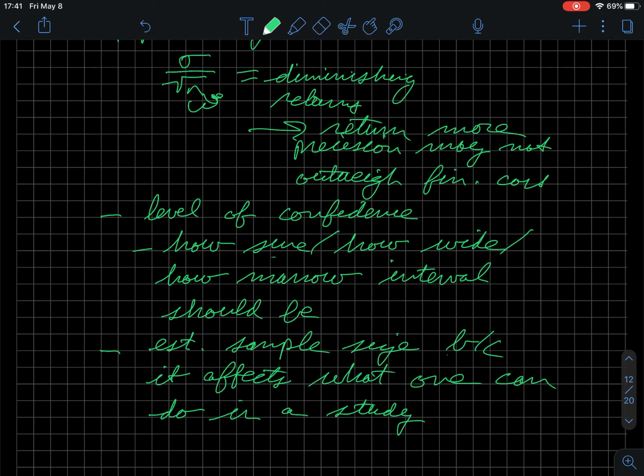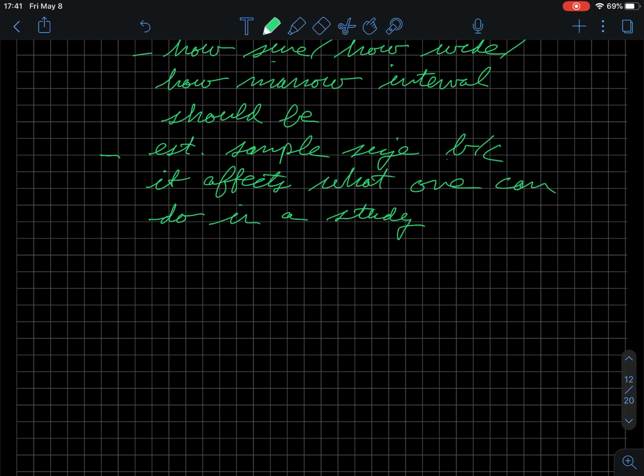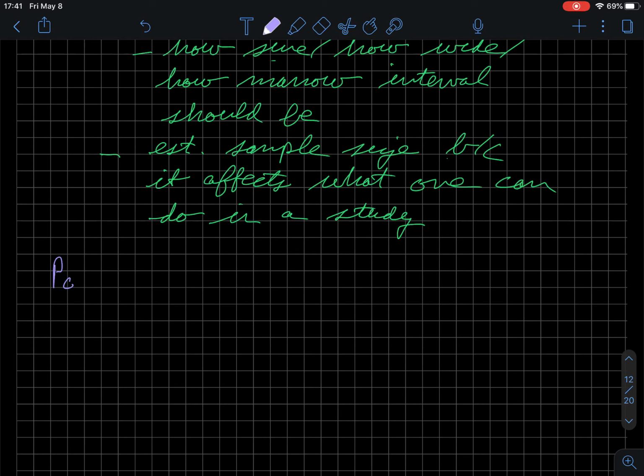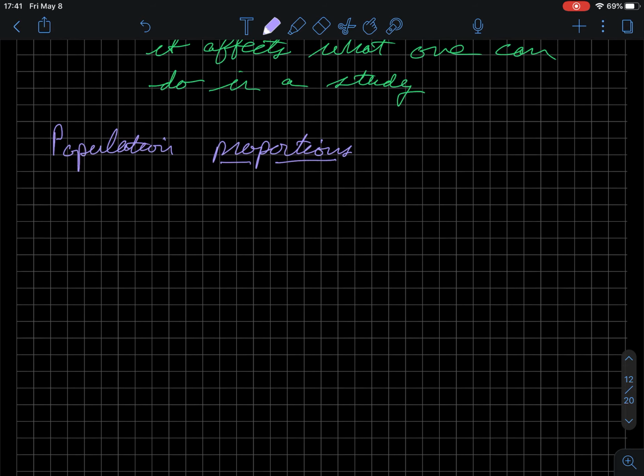So how do we go about this, right? Even though we want larger, there are a few little notes that we have to keep in mind. So one is for population proportions, and emphasis on this word, proportions. This is not a mean, we're talking about a proportion.